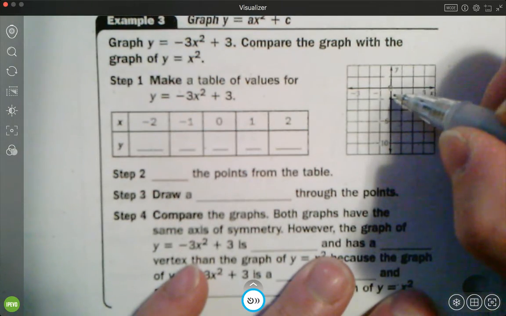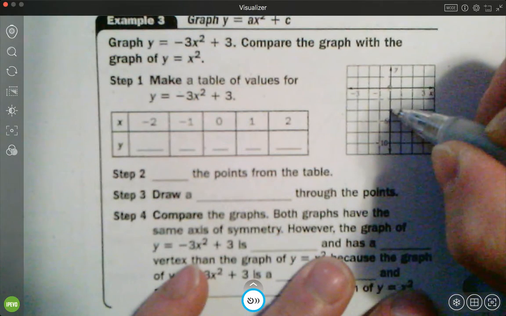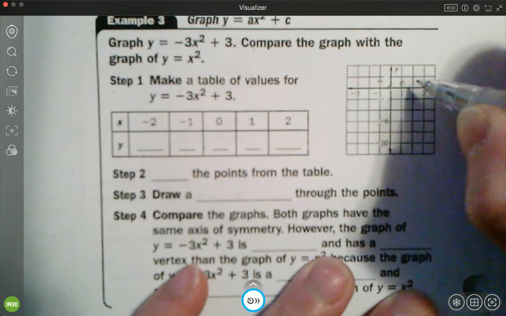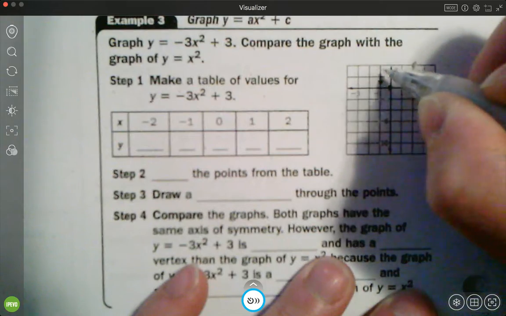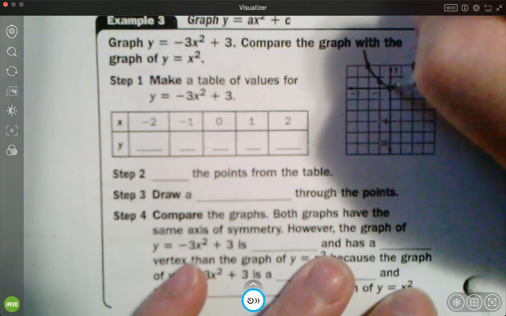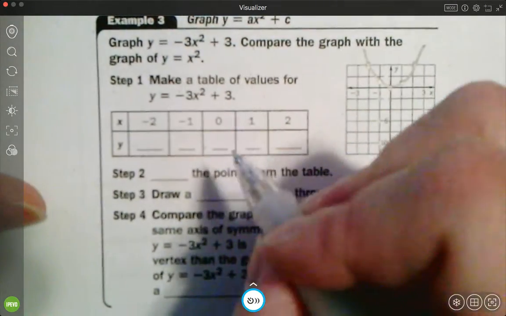Let's see. No, it's going negative 3, 2, 4, 6, 8, 10. It's going by 2, so (1, 1) would be here, and then (2, 4) would be like that, and (negative 2, 4) would be like that. Hopefully I did that right. So that's my parent function. I'm going to throw my values here.